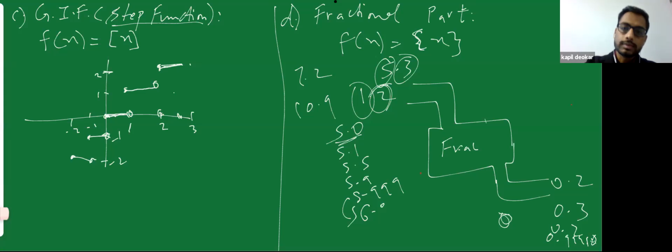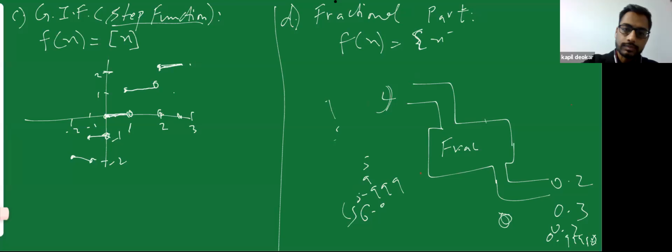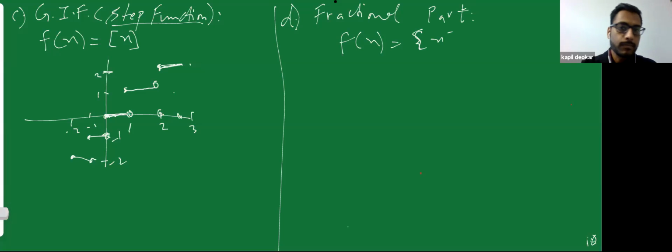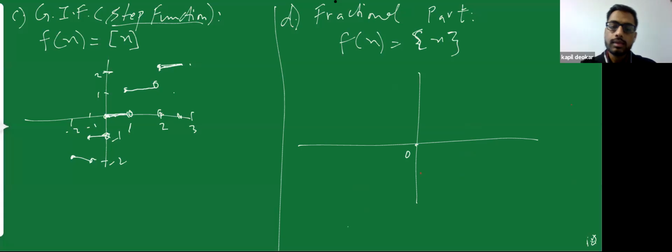Okay, so how do we draw this diagram then? If value is 0, obviously you're going to get 0 as your answer. If value is 0.5, you'll also get your answer as 0.5, and it will increase till it reaches 1.